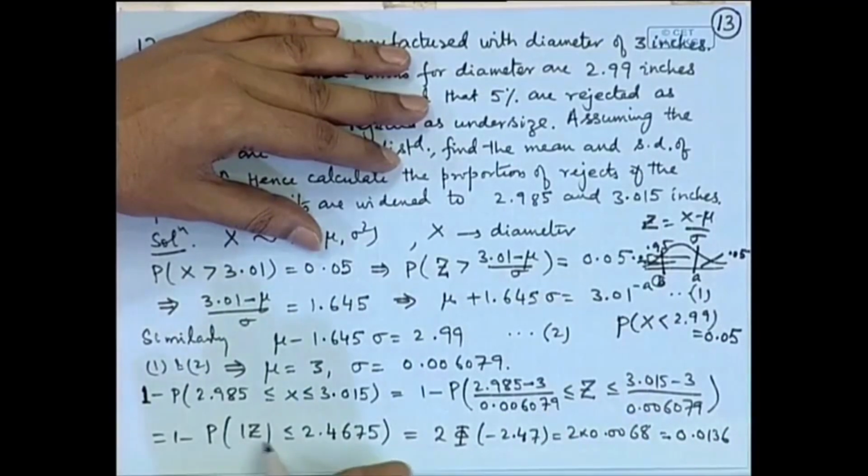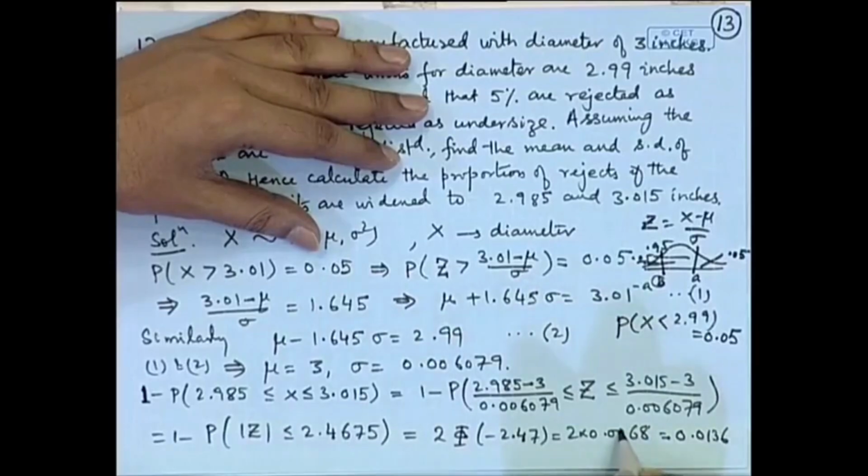So, it is 1 minus the probability of modulus z less than or equal to 2.4675. So, it is 2 times the CDF of the standard normal variable at the point minus 2.4675. From the tables of the normal distribution, this value turns out to be 0.0136. So, the probability of rejecting is nearly 0.01, that is 1 in 100 will be rejected.